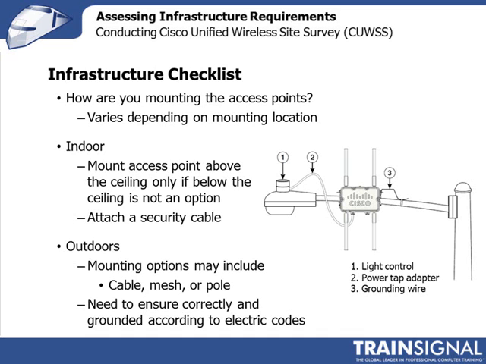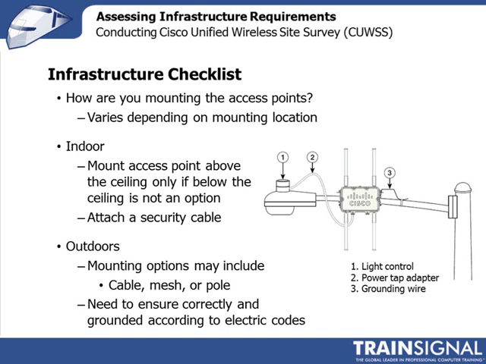A couple of considerations: if you're deploying it indoors and they're looking for you to deploy it above the ceiling, you always want to deploy it below the ceiling if you can, but if they say no, you have to deploy above the ceiling, maybe for aesthetic reasons, then you might need to hang the access point from a ceiling rail.